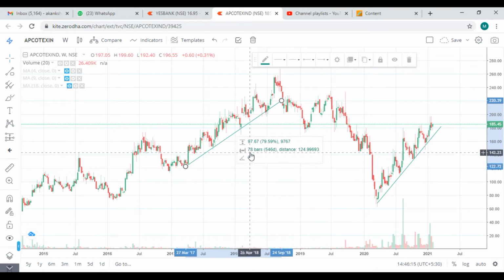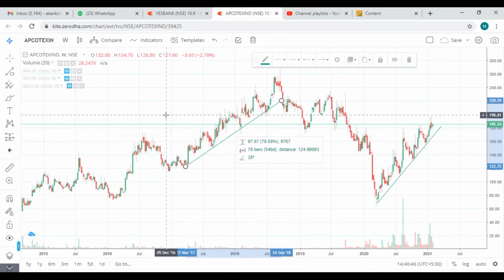It shows that we have used 78 bars and it has taken 546 days. This trend line begins from 27th March and I have drawn it till 24th September 2018. So in total 546 days are taken, and in between these days, this is the trend which was followed by Apcotex India.